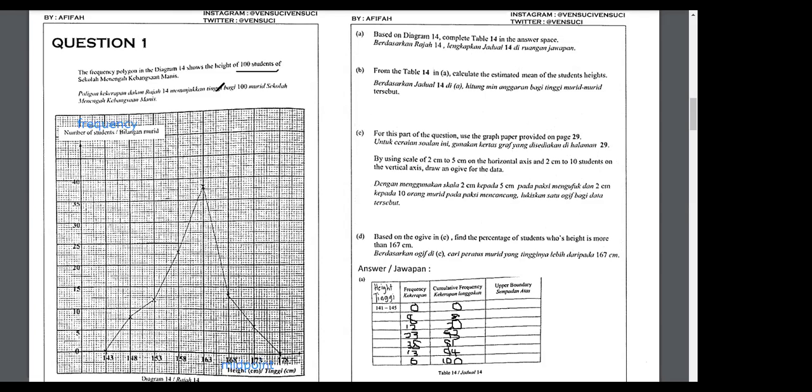So our upper boundary is between them. It's the midpoint between the end of the first class and the start of the second class. To obtain this upper boundary, we must add together these two numbers and divide by 2. So it's 145 plus 146, divided by 2. So we get 145.5.